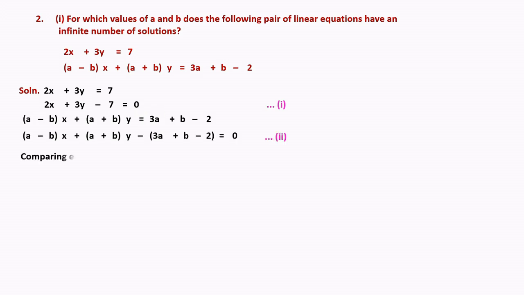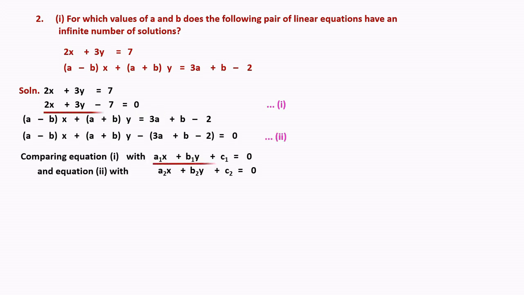First, write both equations in standard form. Equation 1 becomes 2x plus 3y minus 7 equals 0. Equation 2 becomes (a minus b)x plus (a plus b)y minus (3a plus b minus 2) equals 0.